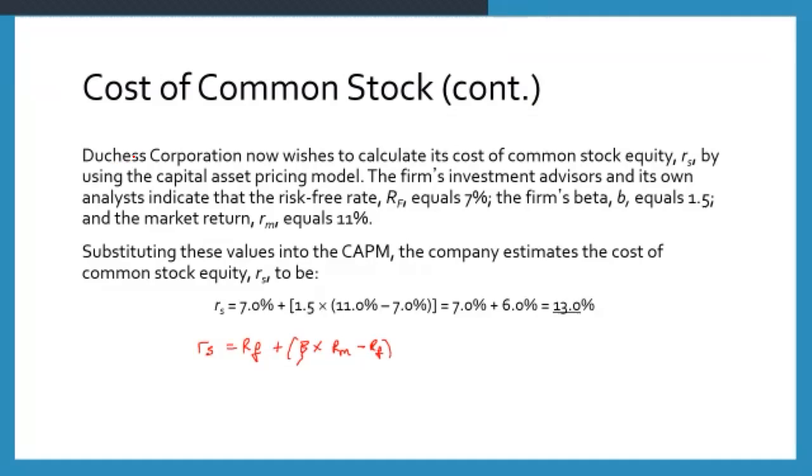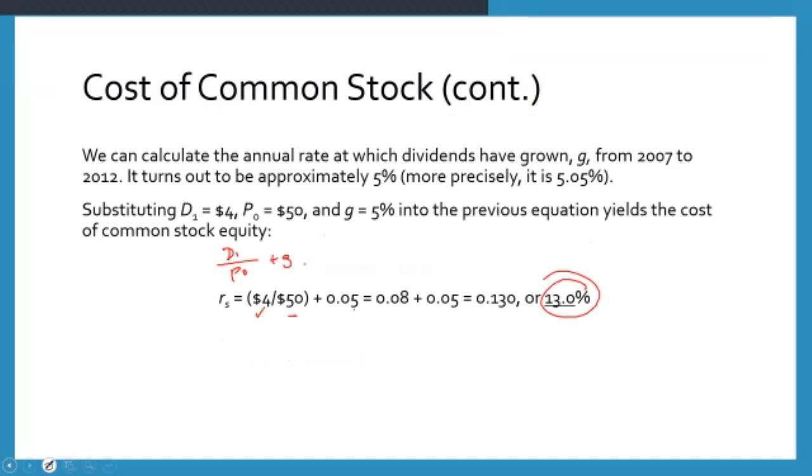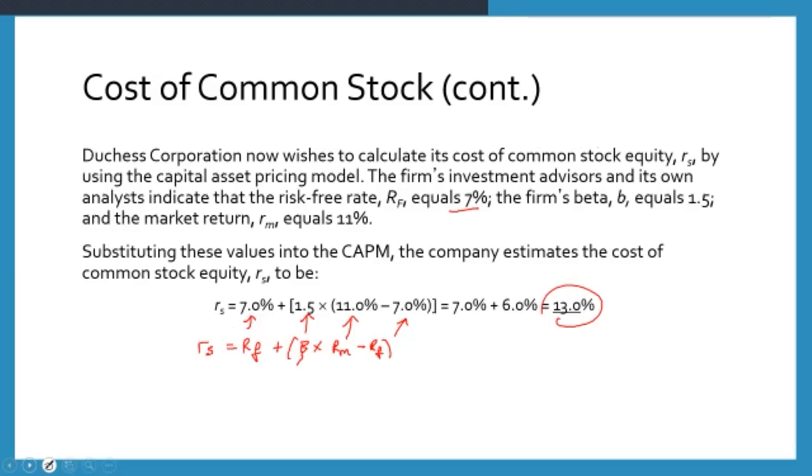And here they substitute risk-free rate 7%, beta 1.5, market rate 11%, minus the risk-free rate, and we have 13%. So the cost of common stock capital using CAPM is 13%. It's the same if you use the Gordon Growth Constant model.